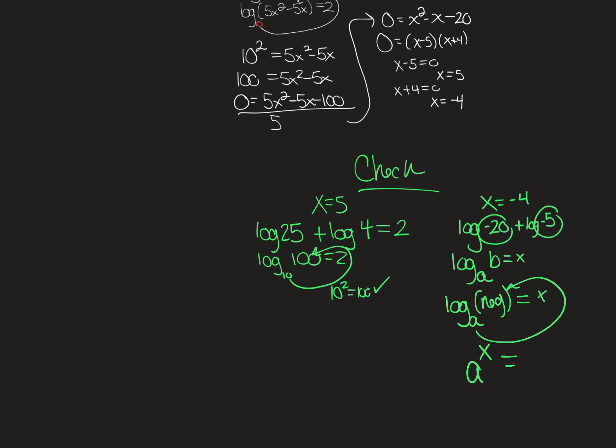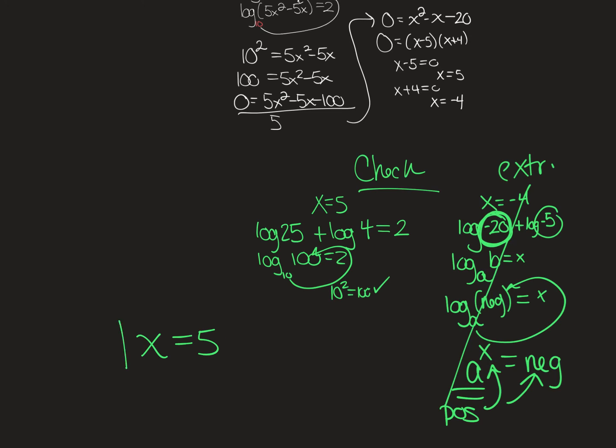A to some power is never going to make something become negative because my a down here is a positive number. So if a is positive and I raise it to a power, I can never make it become negative, which means the argument of a logarithm can never be negative, which thus means that -4 is extraneous. So for my answer on this one, it's just x equals 5. The -4 is extraneous.